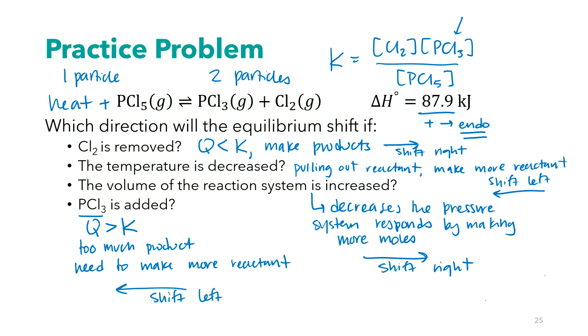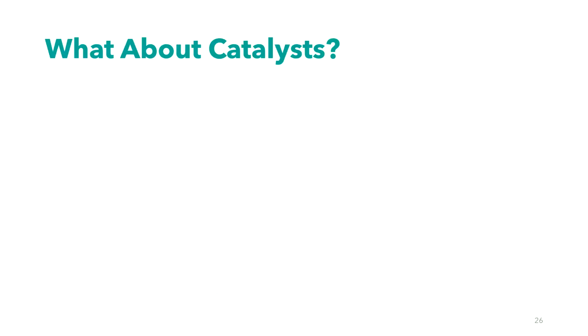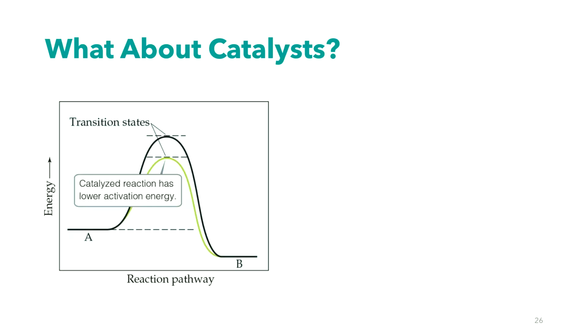Last little tiny bit from chapter 15. What does a catalyst do to equilibrium? All right, we talked about catalysts a lot in chapter 14 because they speed things up. We know they speed things up because they lower the activation energy, right? This changes. But importantly, our delta E or delta H does not change.